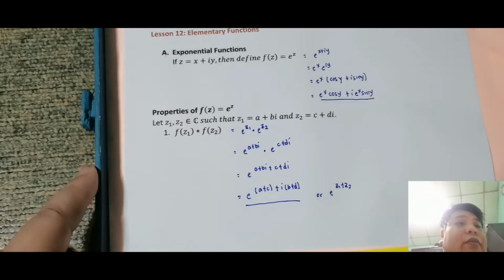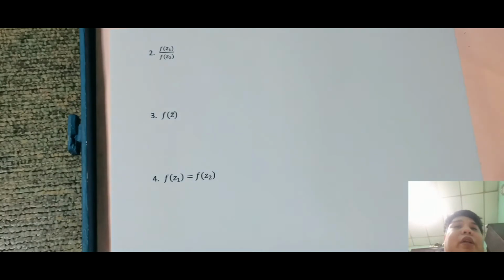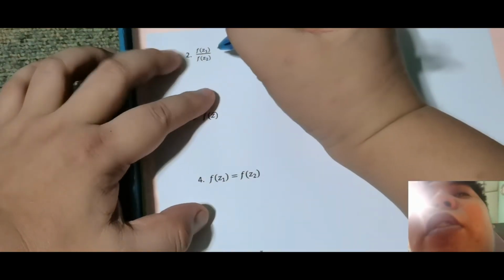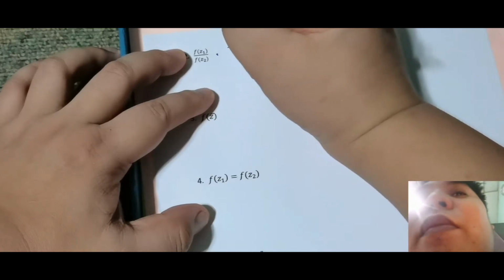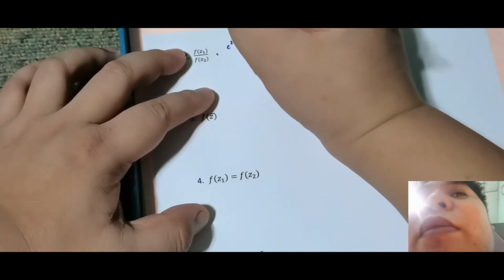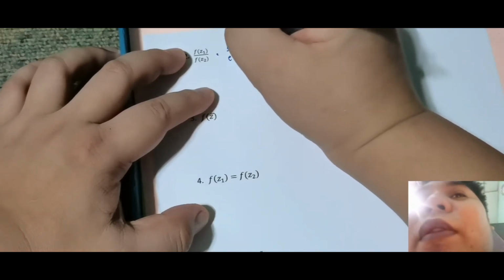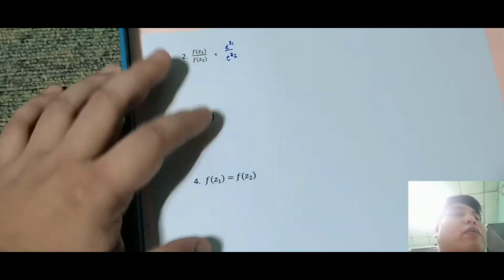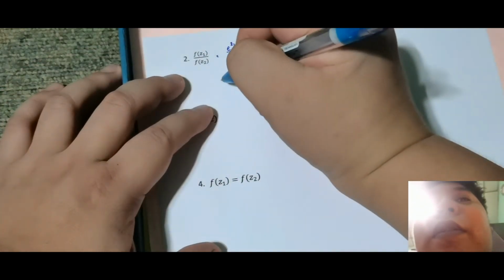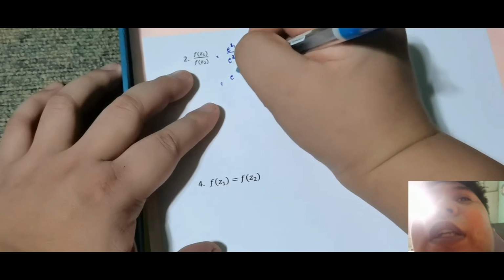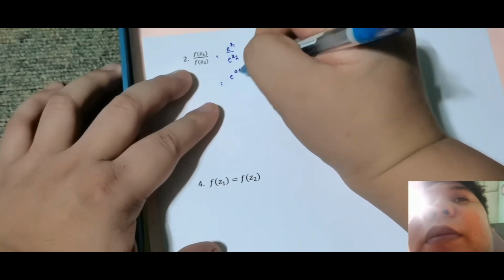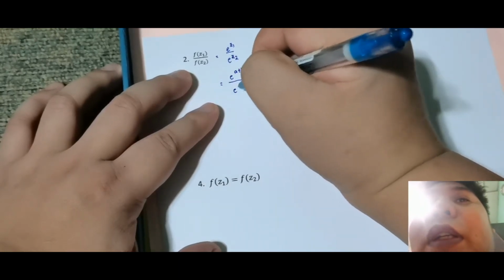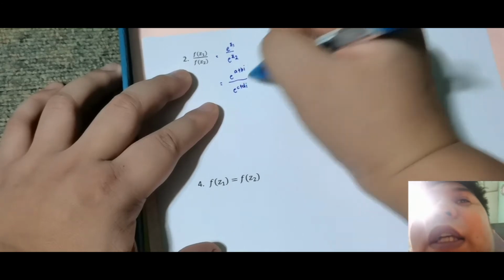Okay, so let's have number 2. Number 2 is f of z1 over f of z2. Paano siya? This is equal to e raised to z1 over e raised to z2, and that is equal sa e raised sa a plus bi over e raised sa c plus di.